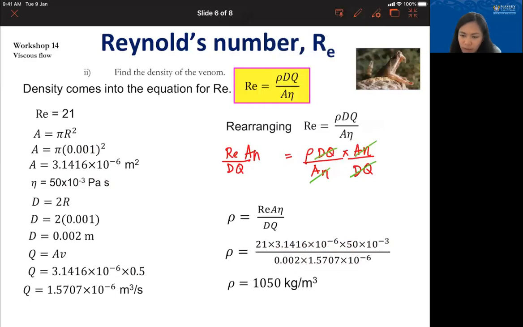So there's a question here: can we do rho equals DQ over Reynolds number times A times eta?